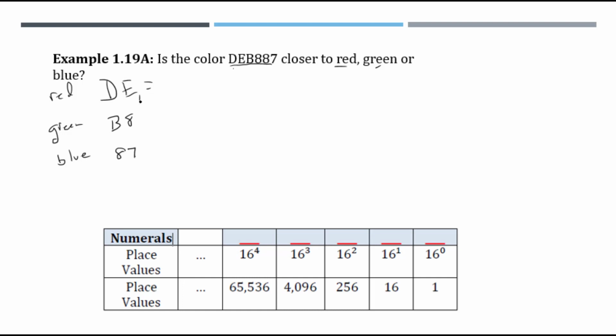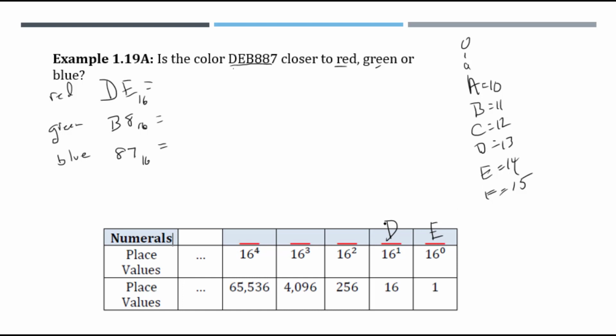Well, first of all, these are base 16. We're going to turn these into base 10 because the chart has base 10 on it. So remember, A is 10, right? 0 through 9, and then A is 10, B is 11, C is 12, D is 13, E is 14, and F is 15.